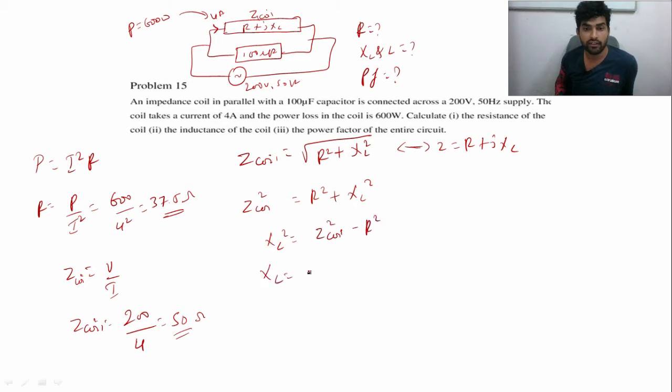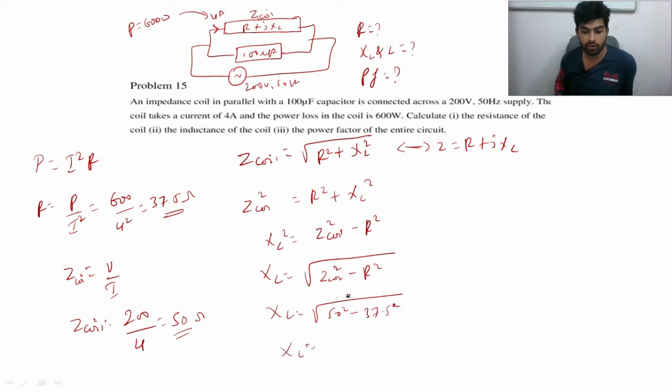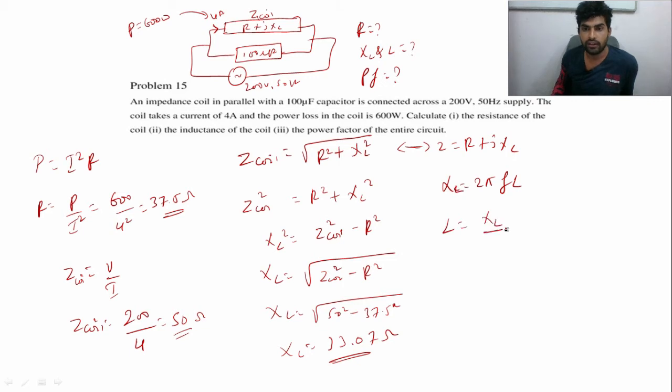So XL is equal to root of Z coil square minus R square, that is root of 50 square minus 37.5 square. XL we got 33.07 ohm. So now we need to calculate L. XL is equal to 2 pi FL, so L is equal to XL divided by 2 pi F. So XL is how much?